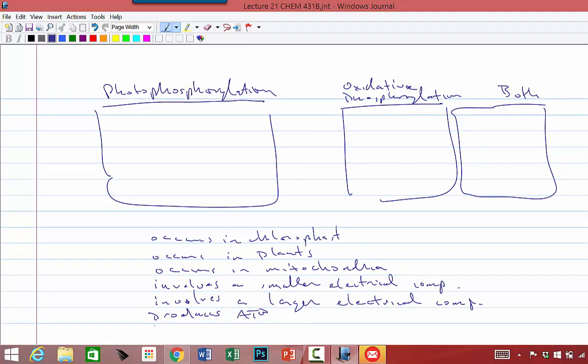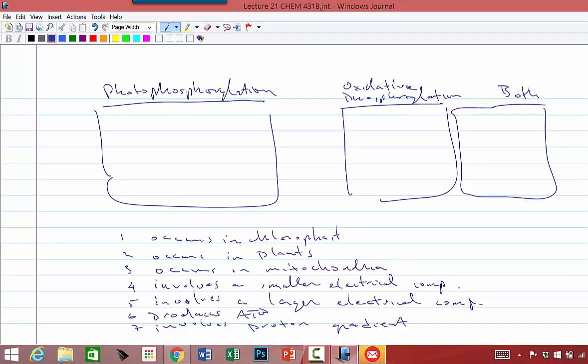And then this one involves a proton gradient. Okay, we'll just go ahead and number these. 1, 2, 3, 4, 5, 6, 7.